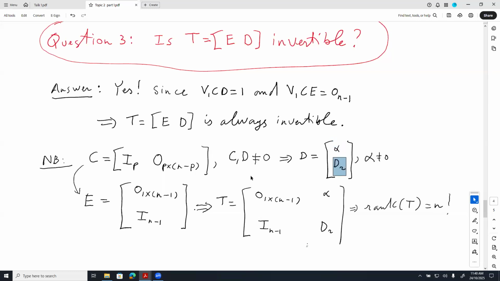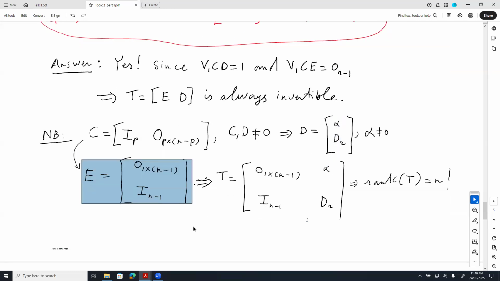Now, if that's the case, then we can easily select matrix E of the following special form. When we have matrix E in this form, that means we get V1 times C, which is the first element, is non-zero, and the rest of them zero, and multiplied by E, we will have V1CE equal to 0.